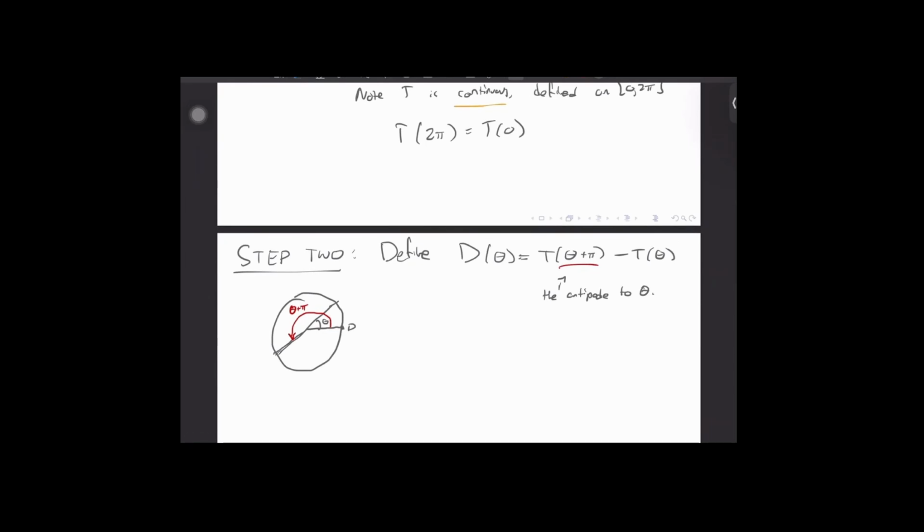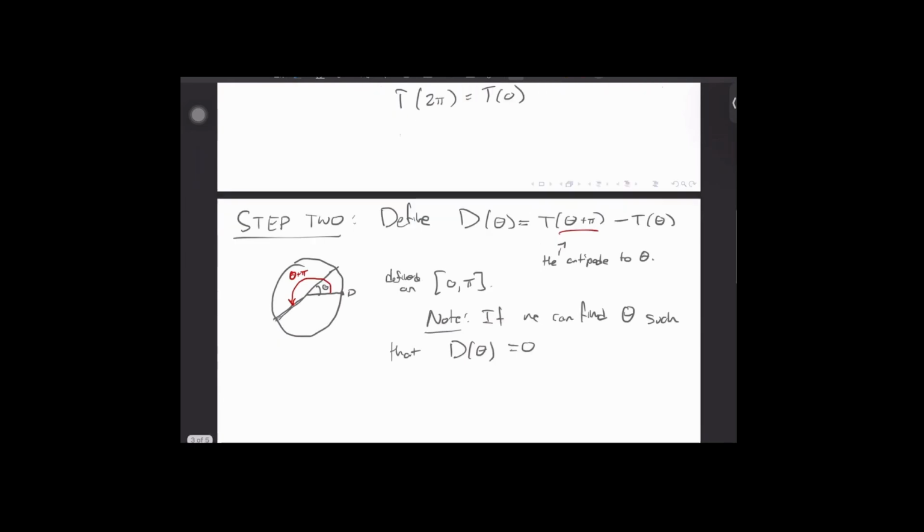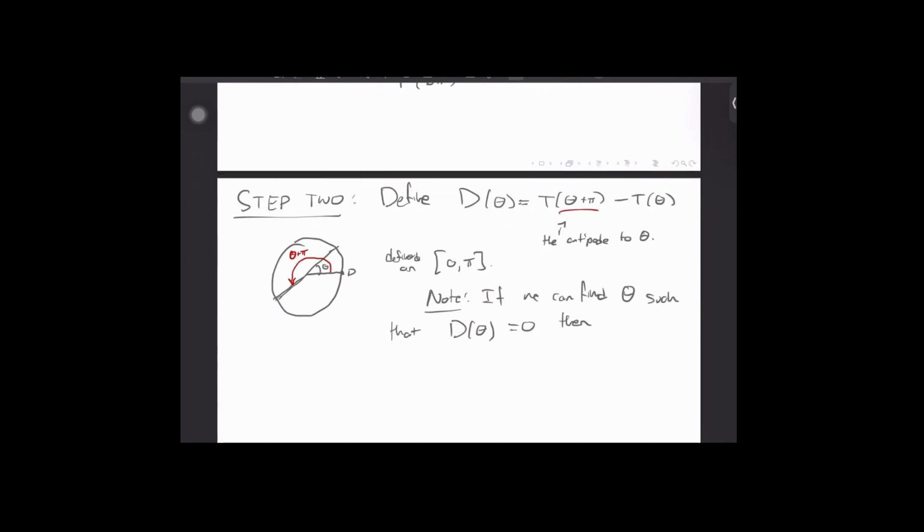So I'll note that I'm going to define this on the interval 0 to pi. And I'm going to make a remark here. Note, if we can find some theta such that d of theta is 0, then, well, what does that mean?